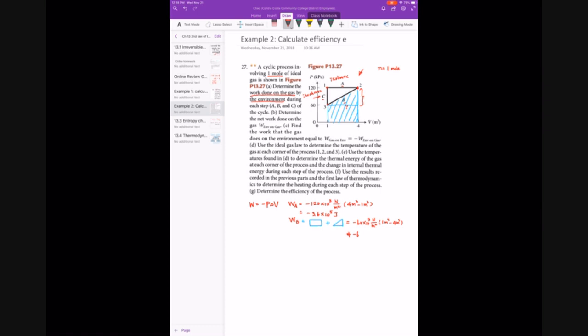So here is the base. The base is going to be 4 minus 3 minus 1, and you multiply by the pressure difference.